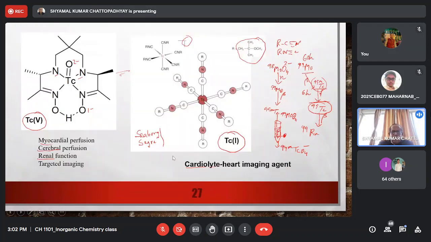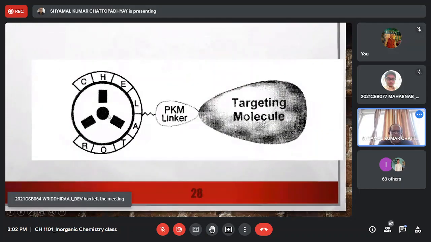Now, what is radioimmunotherapy? Suppose this is a radionuclide, you complex it with a chelating agent, right? And then the chelating agent is coupled with what is called a PKM linker. PKM stands for pharmacokinetic modifier. That means you modify its pharmacokinetics.